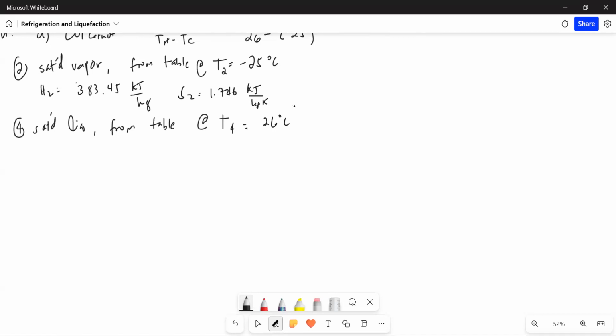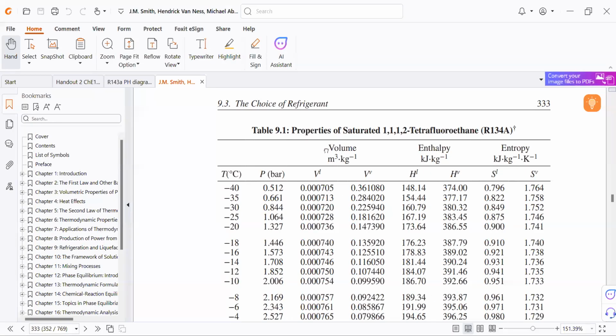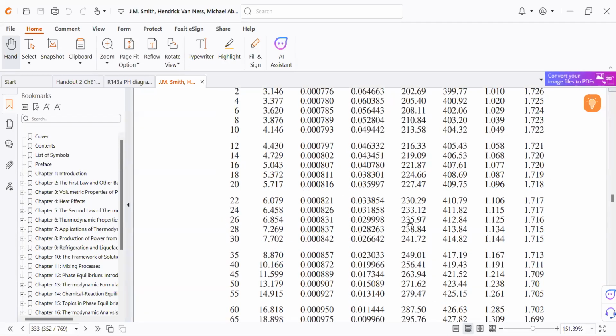So let's check the table. 26 degrees Celsius.